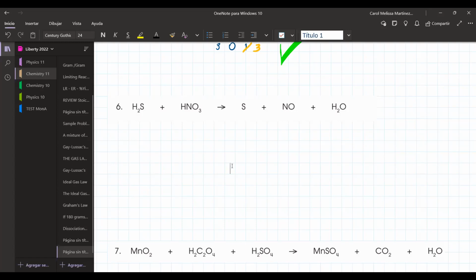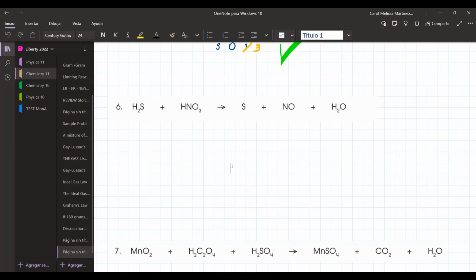Okay. So we have the 6. Here we have hydrogen and sulfur, and you have to take a look at the electronegativities. Which one is going to be negative? Sulfur, because it's more electronegative.